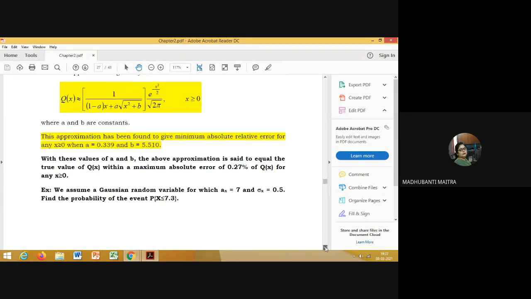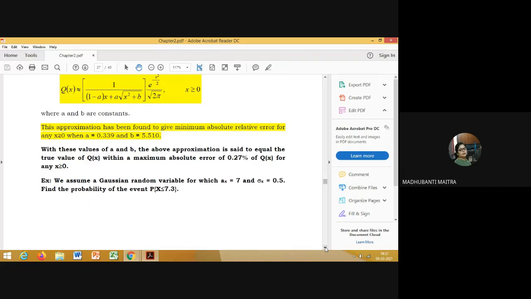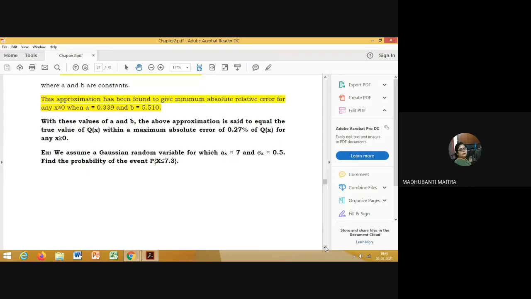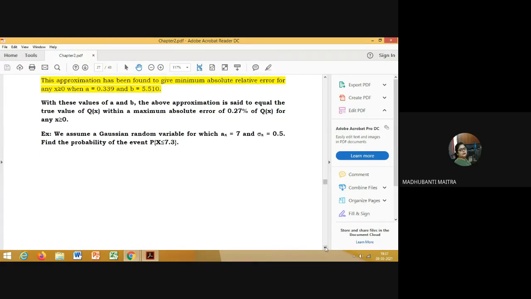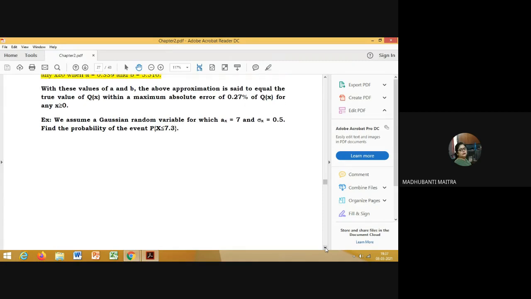So let's discuss one example. We'll be able to learn how to use this Gaussian integral or this Qx for evaluating Fx. Let's assume a Gaussian random variable for which the value of ax is equal to 7 and sigma x is 0.5.